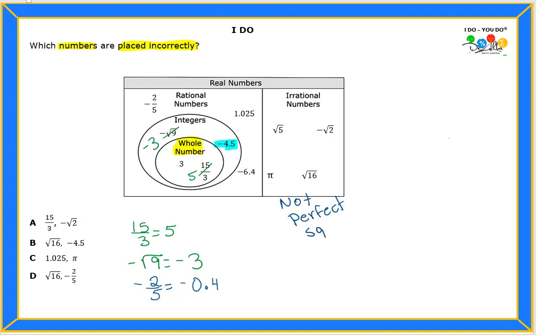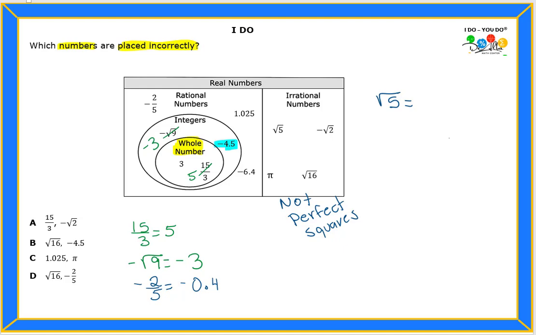I can see the square root of 5, let's write it over here. That's an irrational number because it's not a perfect square root.